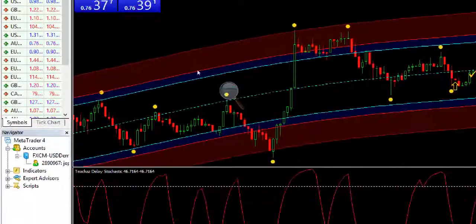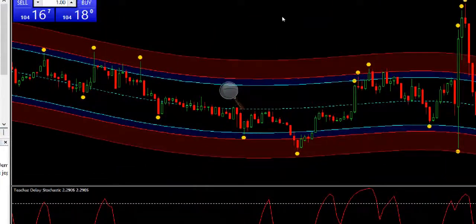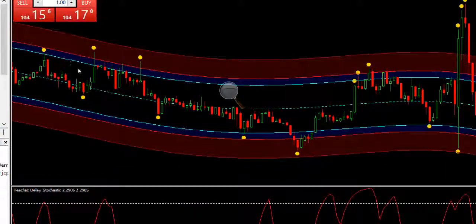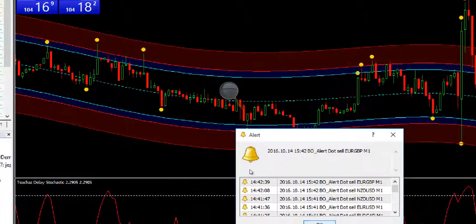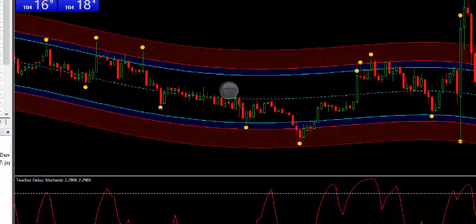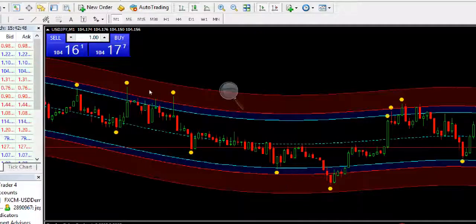So as you can see, guys, this is a winning trade, winning trade, winning trade, winning trade. This one is so close, but it has to be above here when you get the signal. So you count 1, 2, 3, 4, 5. It's a winning trade again. Yeah, this was a winning trade.